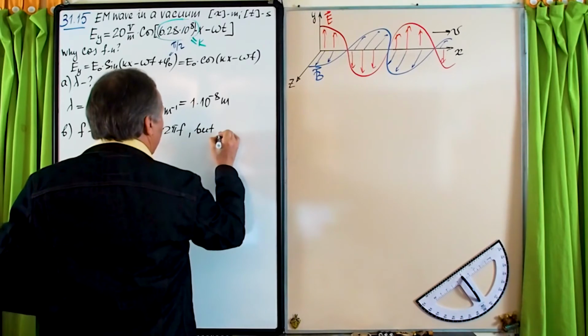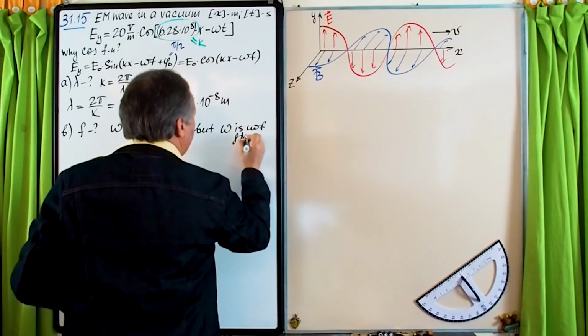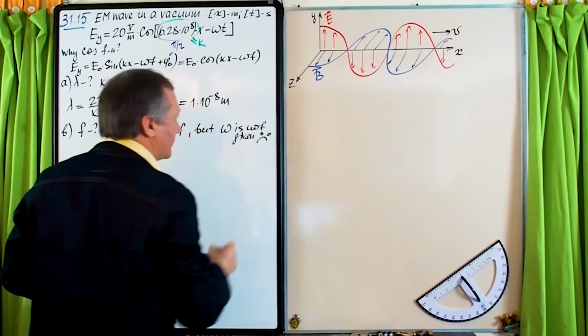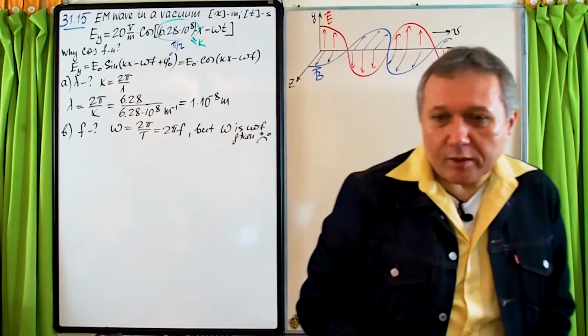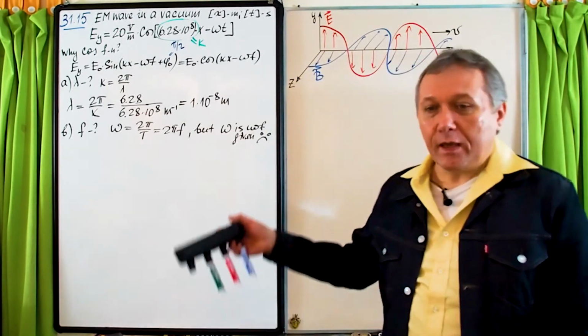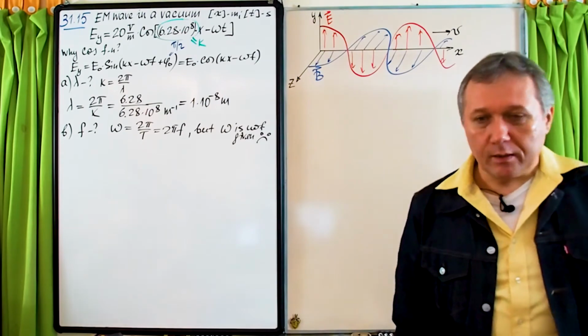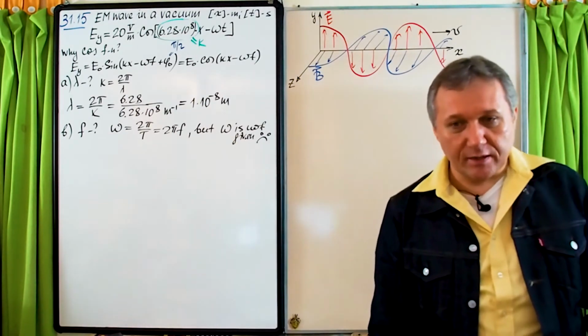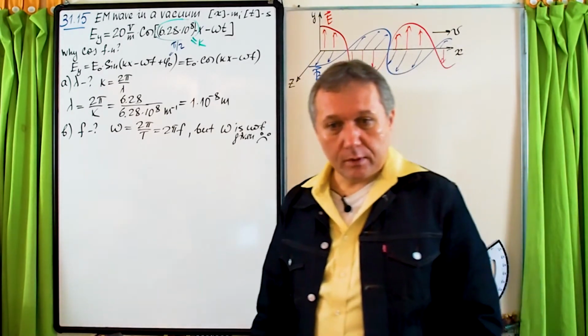Big sad face. So what can be done in order to find that temporal quantity, frequency? Because again, omega is missing.